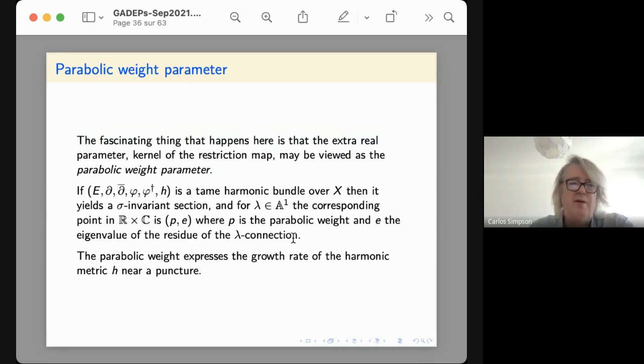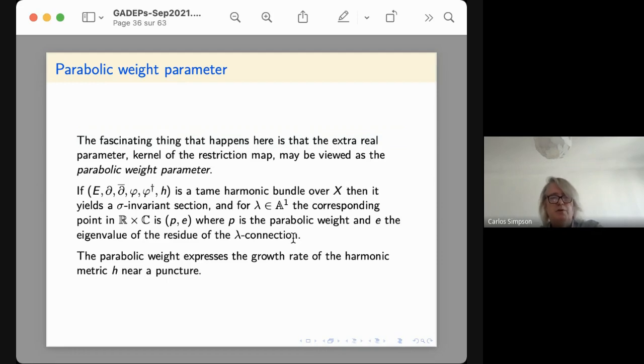Now, what I feel is fascinating here is that we get this extra real parameter just kind of by magic, somehow by looking at this twistor space. But it turns out that that's actually the parabolic weight parameter. So this sort of tells us that we have a parabolic weight parameter that's going to show up in the picture, kind of before we even knew that it was supposed to show up.